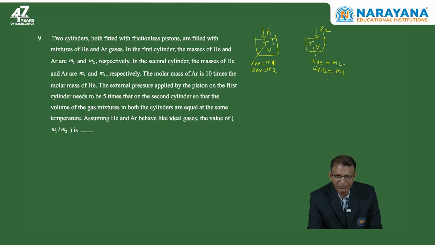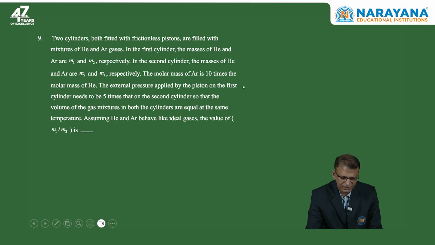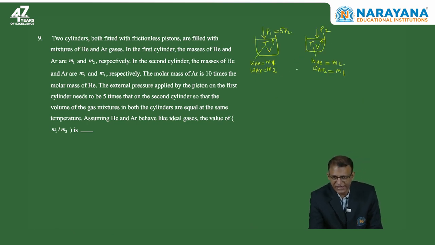Obviously the pressure applied on the piston is balanced by the gas, so P1 is equal to the pressure of this gas mixture, and they are saying that P1 is 5 times P2. This means the pressure in this gaseous mixture and this gaseous mixture is different, and the pressure of the first gaseous mixture is 5 times greater than the pressure of the second gaseous mixture. So if I write PV equals nRT, because volume and temperature are constant, we can write that pressure is directly proportional to the number of moles.